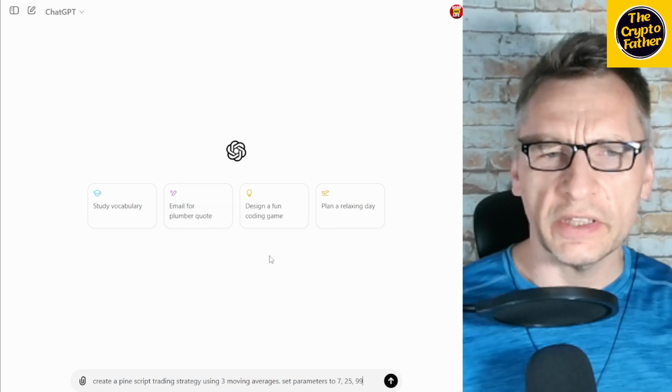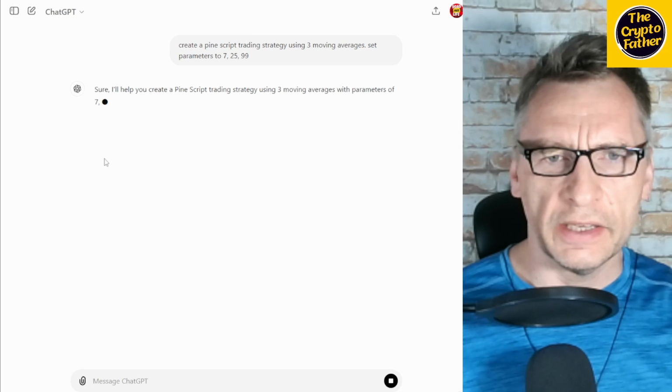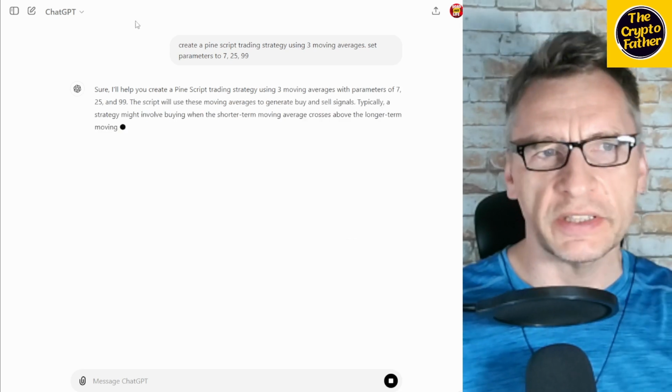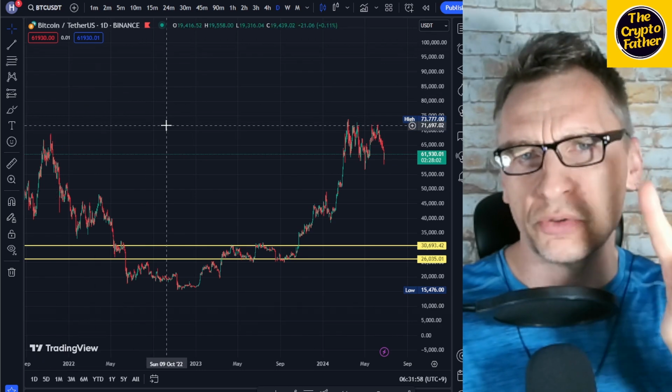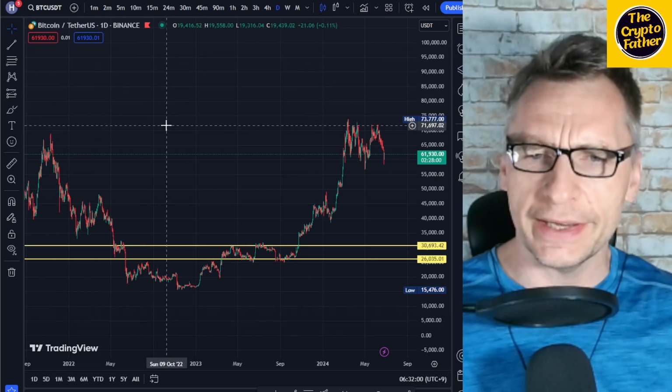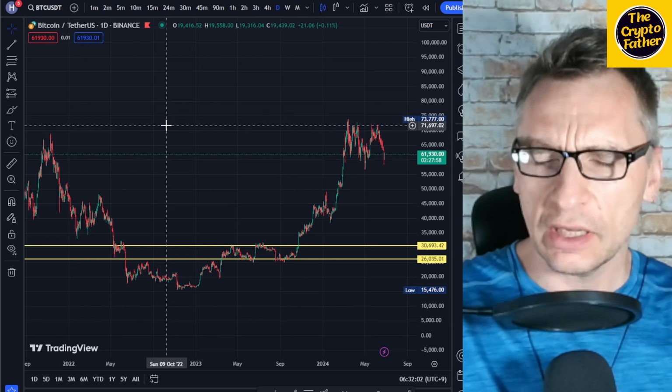The advantage of using a created Pine script is that TradingView on the free version only allows you to have 2 trading indicators. 2 indicators is not a lot.